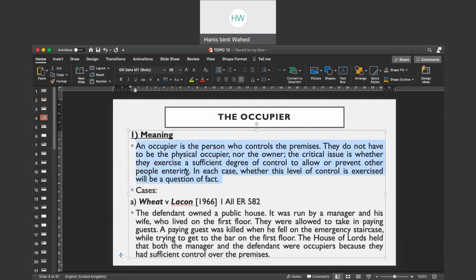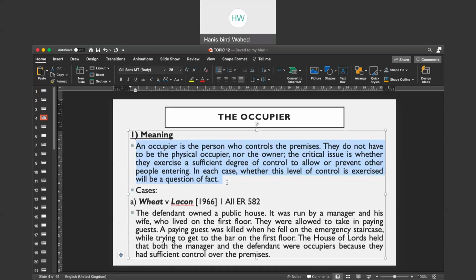They do not have to be the physical occupier nor the owner. The critical issue is whether they exercise a sufficient degree of control to allow or prevent other people entering. In each case, whether this level of control is exercised will be a question of fact. So an occupier is a person who has a sufficient degree of control over the premises, any premises.